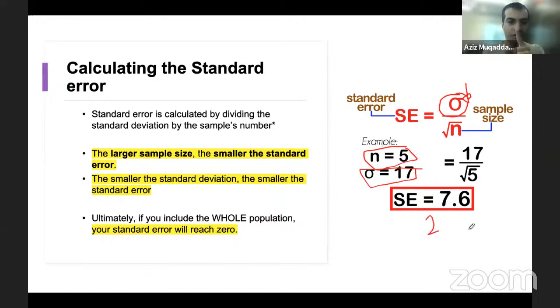If we do 2 standard errors to account for 95% of the population, 2 times 7.6 is 15.1, right? So in other words, the population mean score could be 15.1 above 17 or 15.1 below 17. So it would be somewhere between 1.9 and 32.1, something like that, right?